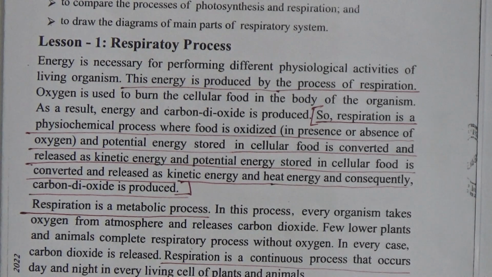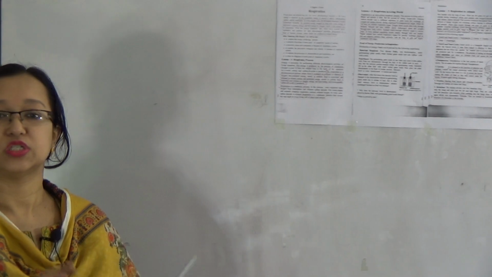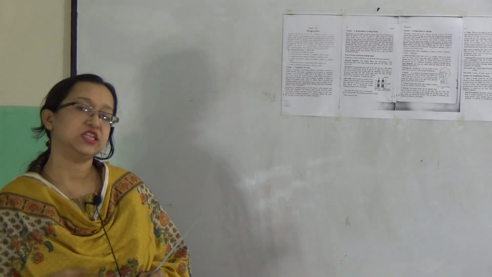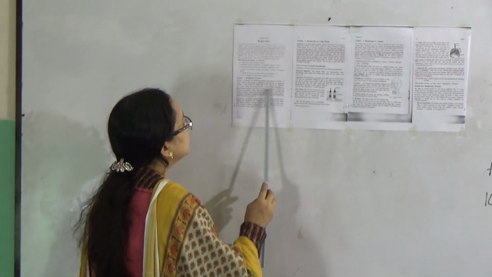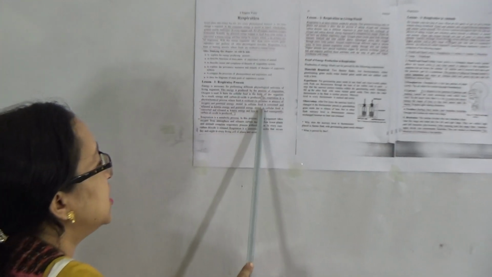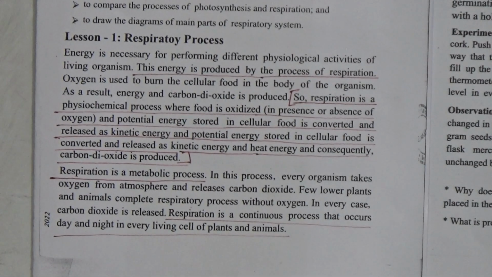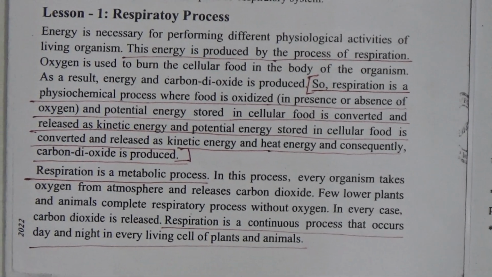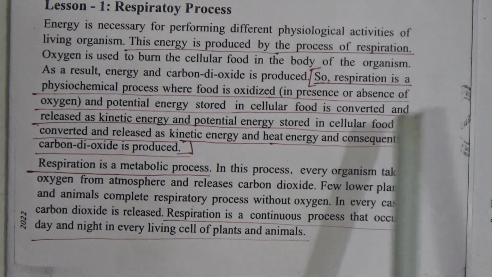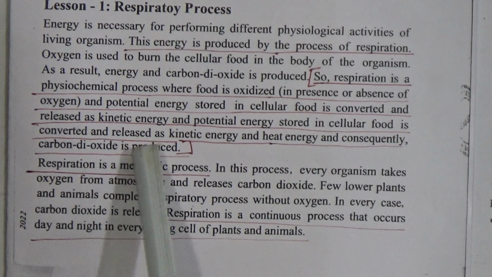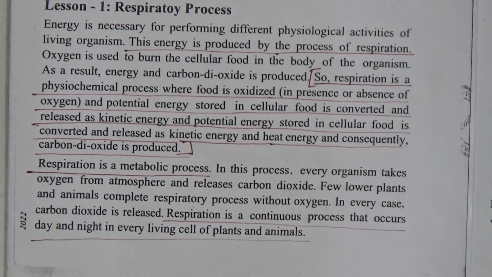So, what is respiration? Respiration is a physiochemical process. In this process, food is oxidized and it gives us energy. The potential energy stored in the cellular food is converted and released as kinetic energy, and with this energy we can do lots of work, and heat energy, and consequently carbon dioxide is also produced.